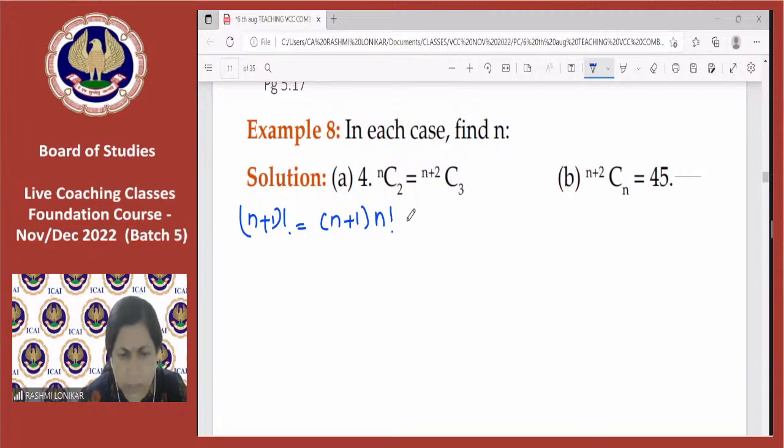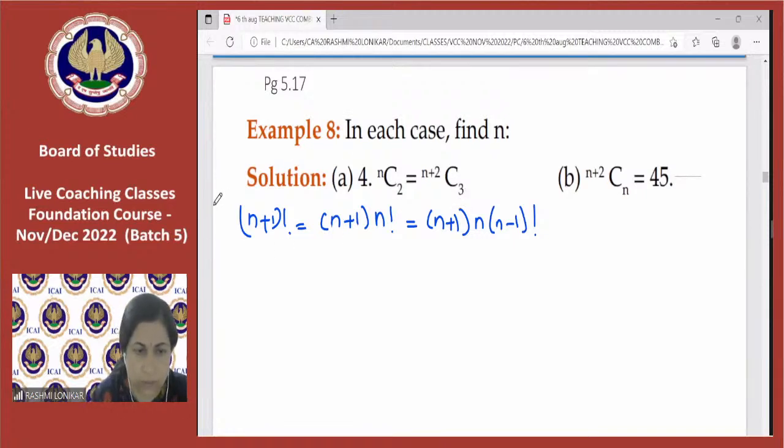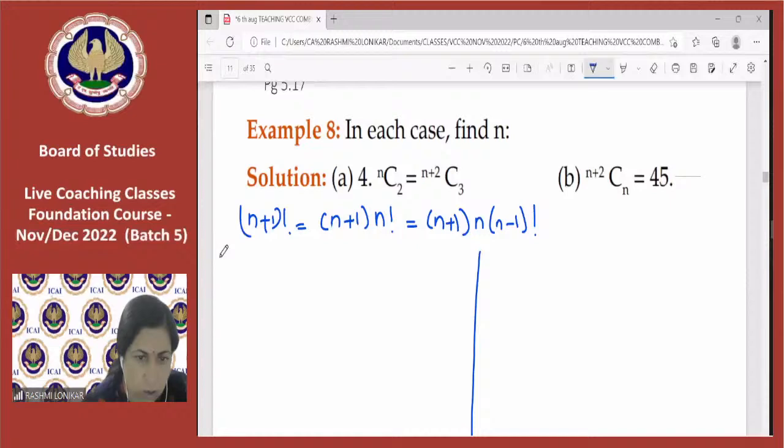Or I can even take it further depending on what I require. This is n plus 1 into n minus 1 factorial. So I can go down and subtract 1, 1, and I can do that. So let us first consider this example.